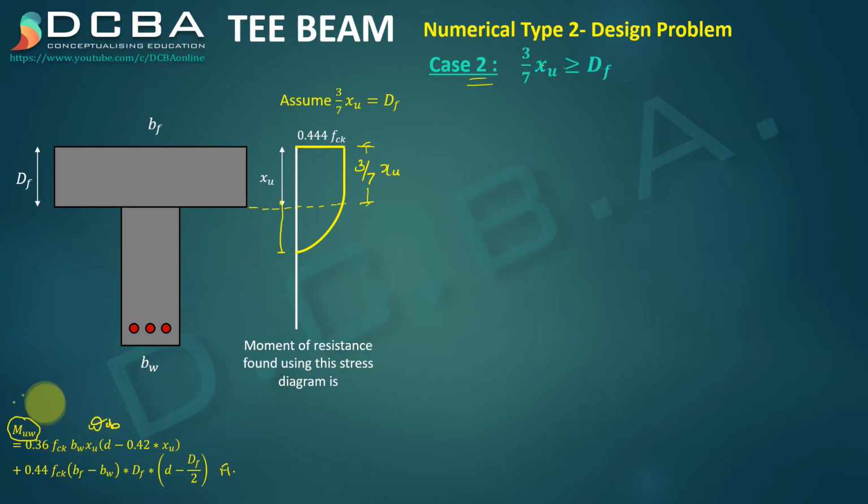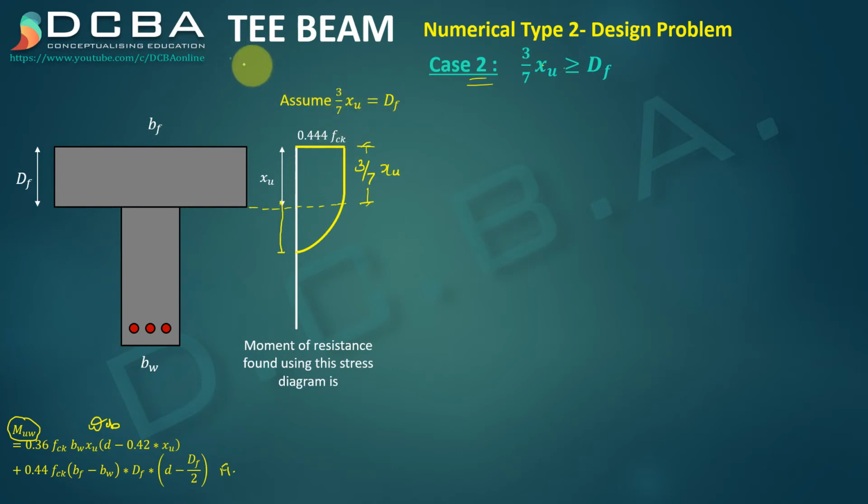So now we are finding the moment of resistance due to the web. But in this also it is asking the XU value, and you don't know the exact XU value, but you know one condition that we had assumed, that 3/7 XU is equal to DF.